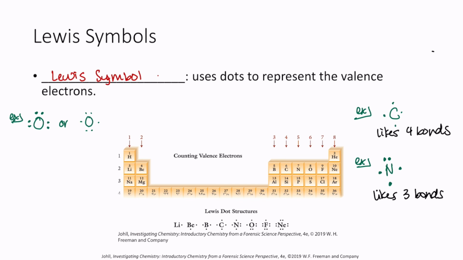Either will be accepted. With the second Lewis dot symbol, I can easily tell that oxygen likes two bonds. How I have it written in the first one, it's hard to tell how many bonds it likes. That's the only reason I like drawing it as I showed you over here. But as long as you show the number of electrons around the element, you are good to go.